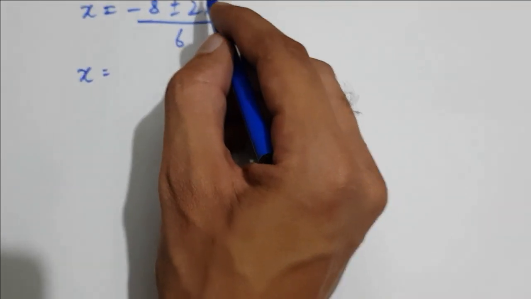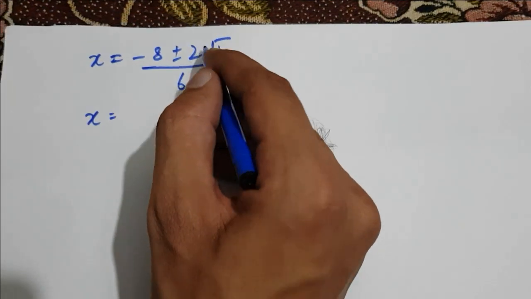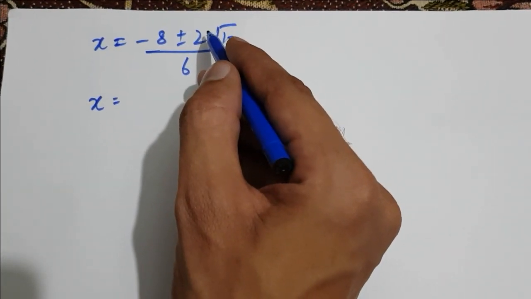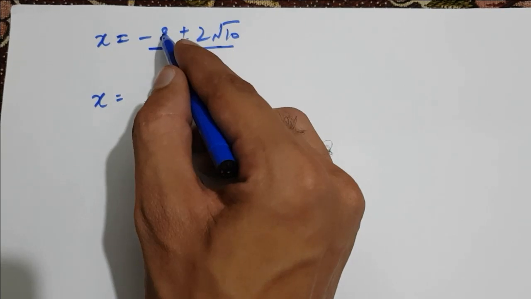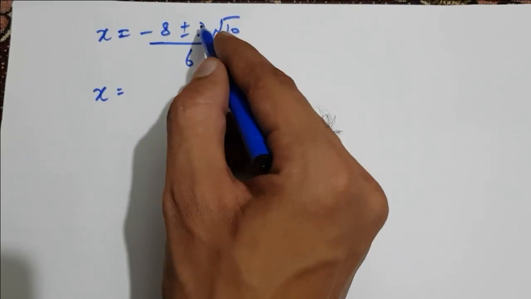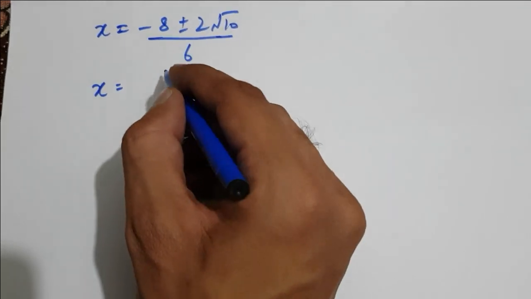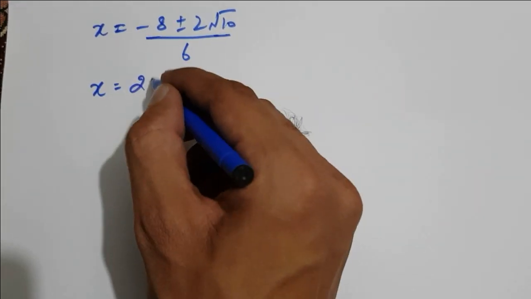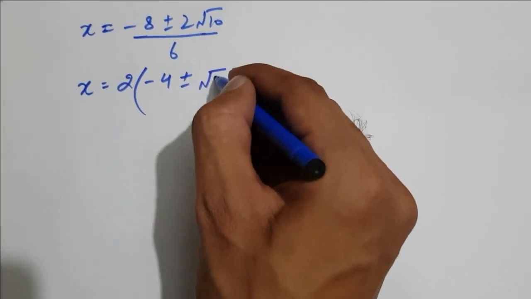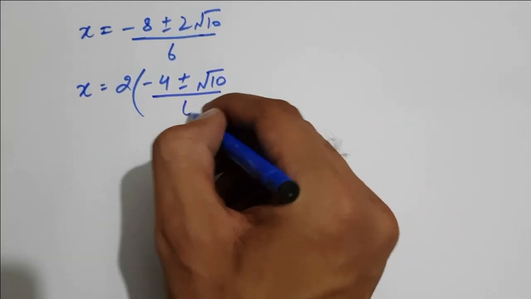Here we can see that we have two terms, one before the plus minus sign and one after it, and 2 is common in both terms. So we take out 2 as common and we get minus 4 plus minus square root 10 over 6.